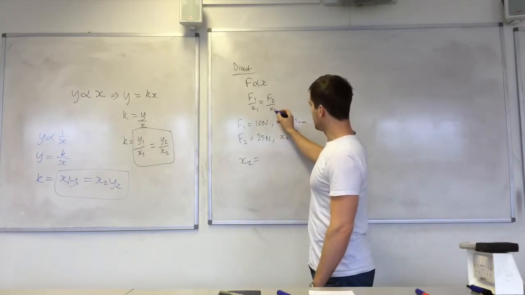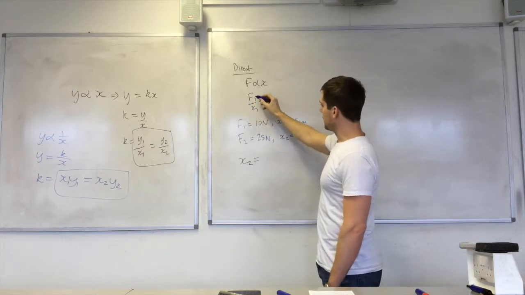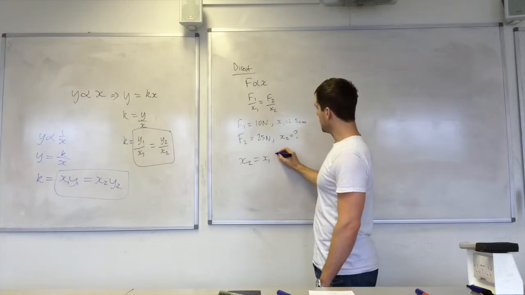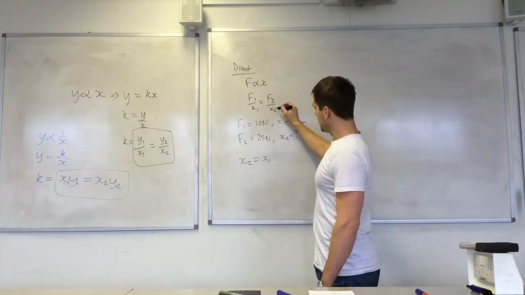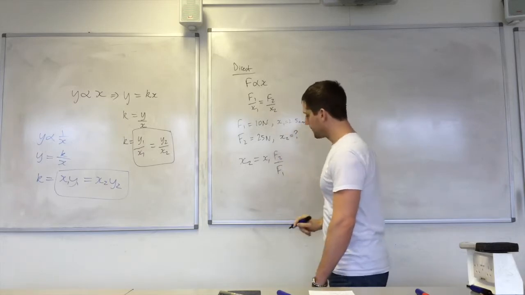And so if I rearrange this for x2, multiply by x2, multiply by x1, divide by F1. So this will be equal to x1 times F2 over F1.